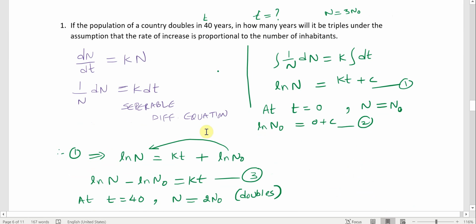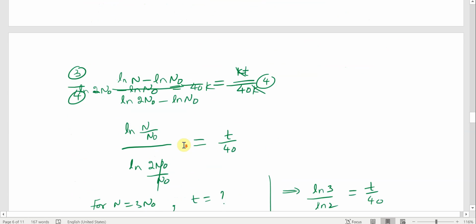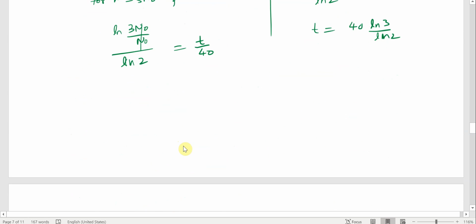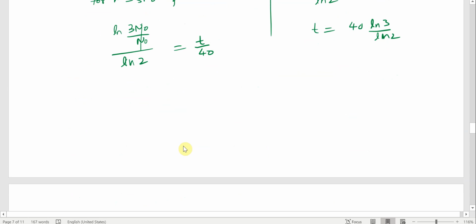We have to solve by integrating that one. Later always here we take time t equals 0 and n equals the original number, if given. If not given, we take it as n naught. Later we take the given time and given population, we substitute in the equation, and we divide the equations. Like this we will proceed. So that is the end of this topic.